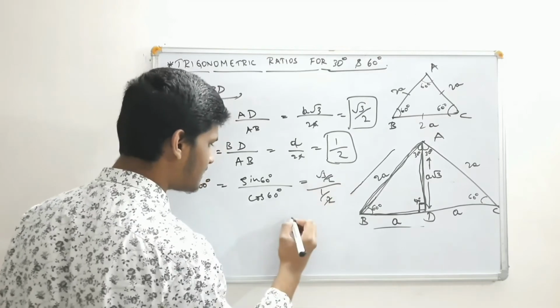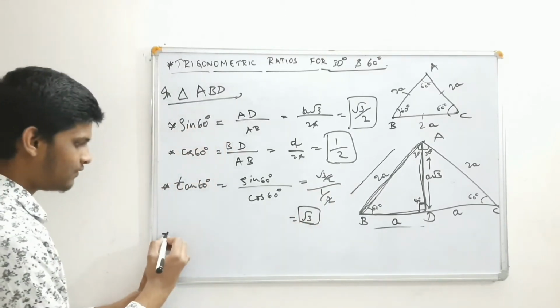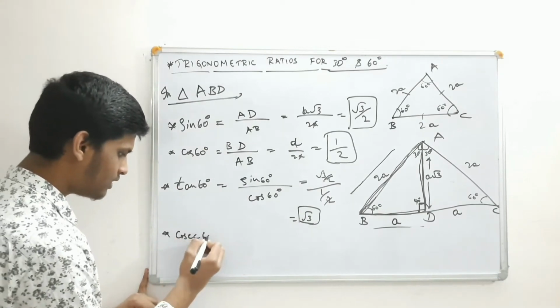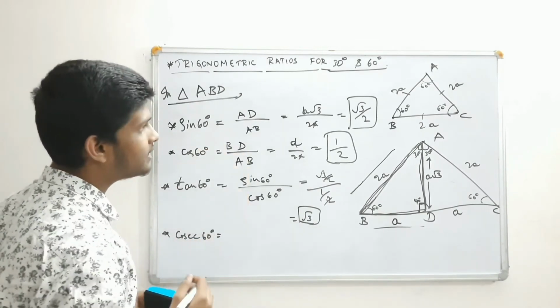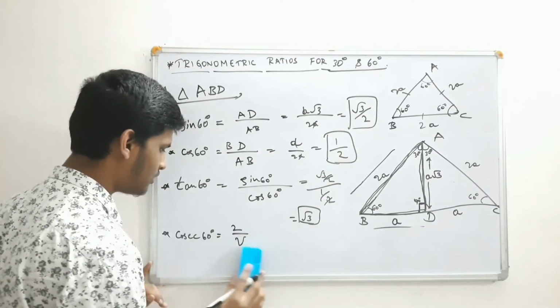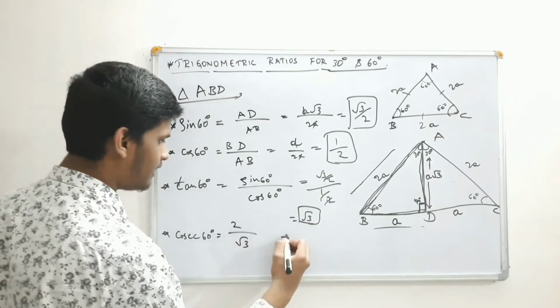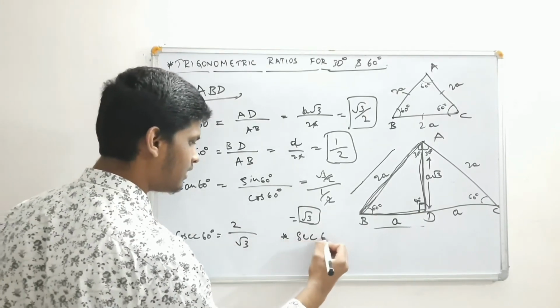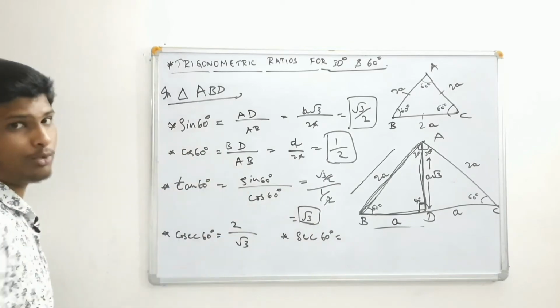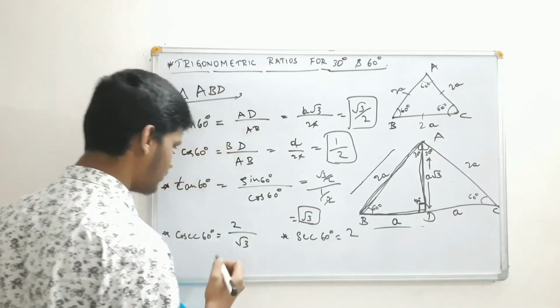This 2 gets cancelled. Here we are left with root 3. Alright. So next, cosecant 60 degree is the reciprocal of sine 60 degree, that is root 3 by 2, and this will become 2 by root 3. And secant 60 degree is the reciprocal of cos 60 degree, so it is 1 by 2, and this will become 2.